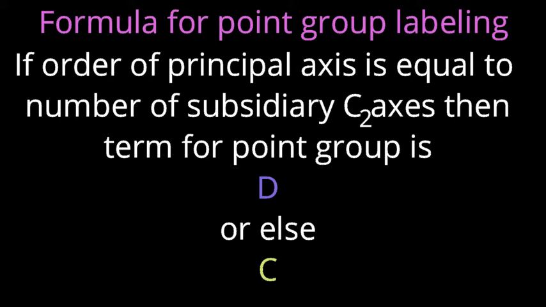So rule is, if order of the principal axis n is equal to number of subsidiary C2 axes, then point group type is dihedral, means capital D. Otherwise, for the time being remember capital C. I repeat the formula. If n is equal to number of subsidiary C2 axes, then capital D, or else capital C. This is the first point of distinguishing or labeling the point groups.